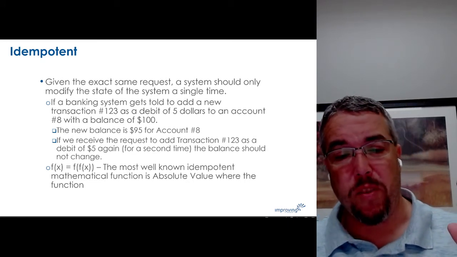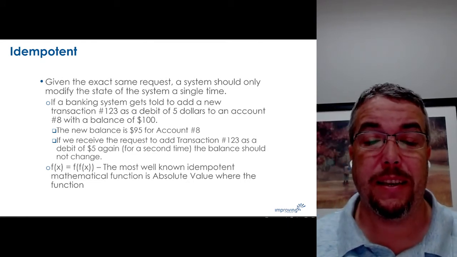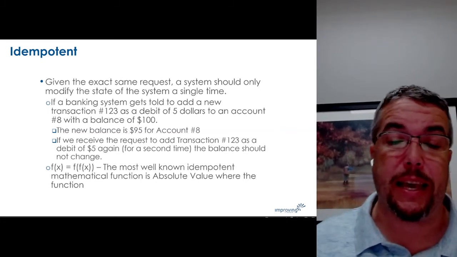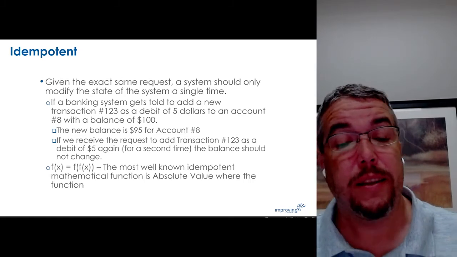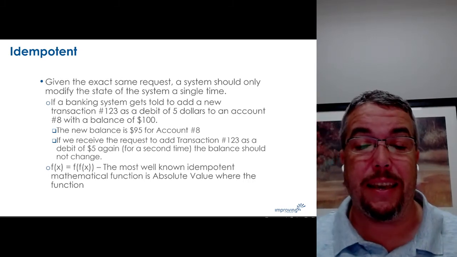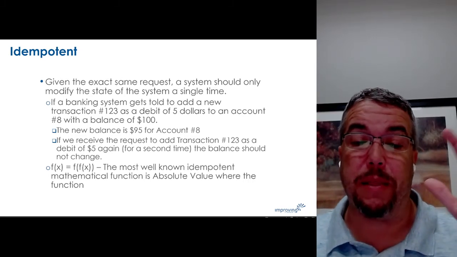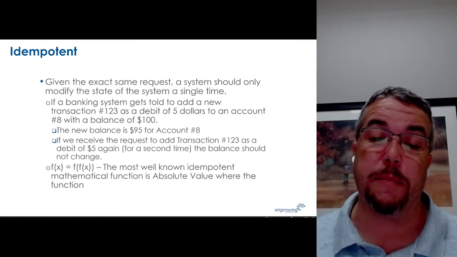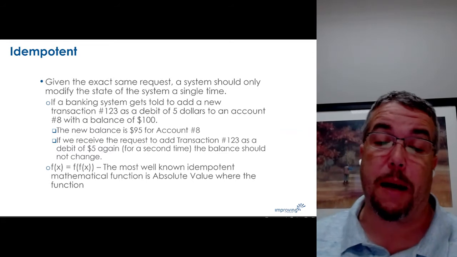Now, when you think about this and you start thinking about communication, which we'll get into next, you might be like, oh, I can handle this with a queue. But in reality, this idempotent concept cuts through all layers of your system. And that's why we need to talk about it up top.